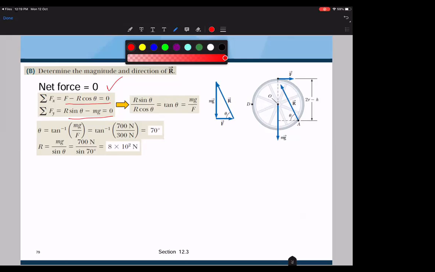Okay, now in your tutorial, you have 2 questions that are related to static equilibrium. And the calculations are not very difficult, I would say.